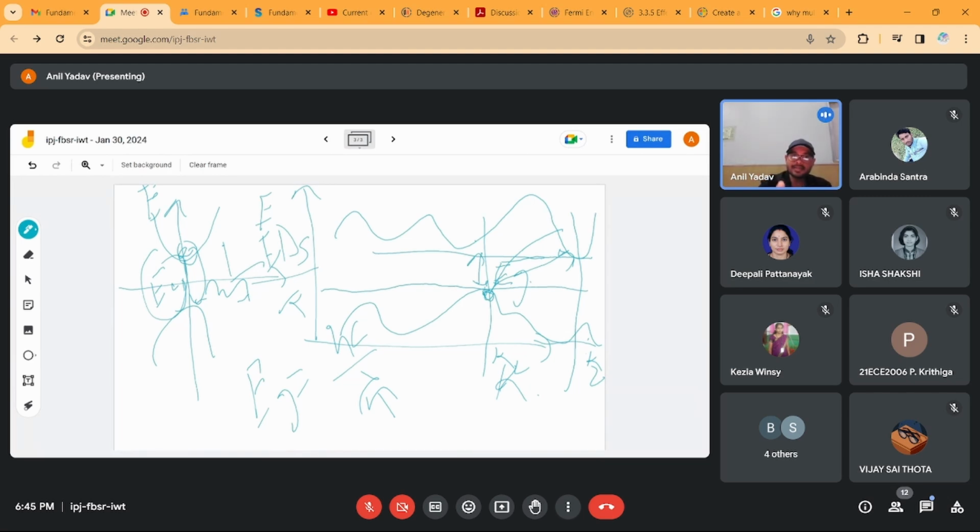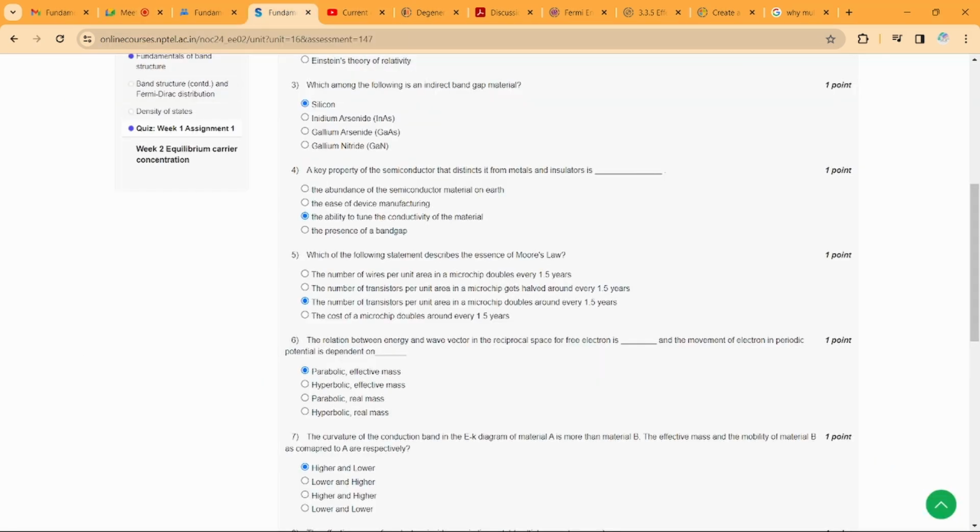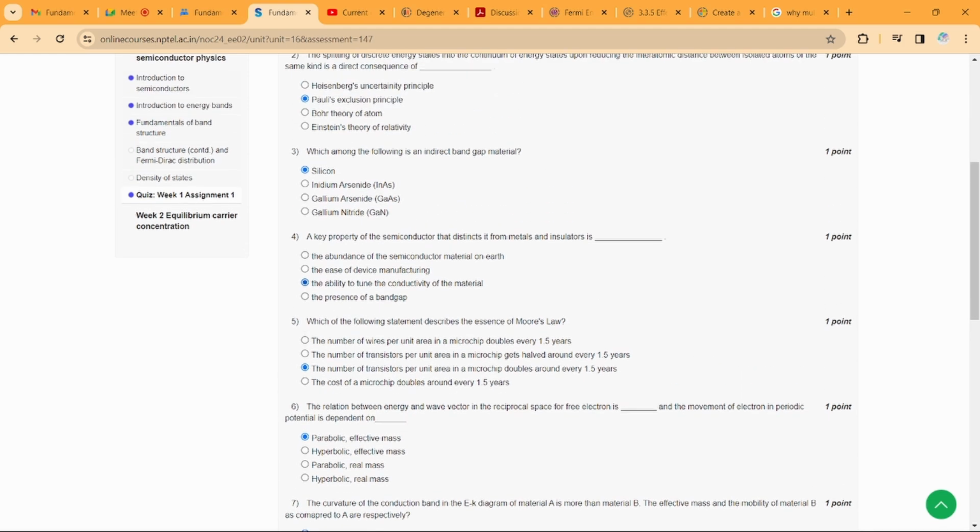If they lie at the same value of k, then it is the direct band gap semiconductor. In this question they have asked which of them is indirect band gap. Definitely silicon is an indirect band gap semiconductor. Indium arsenide, gallium arsenide, gallium nitride, all these are used for LEDs.